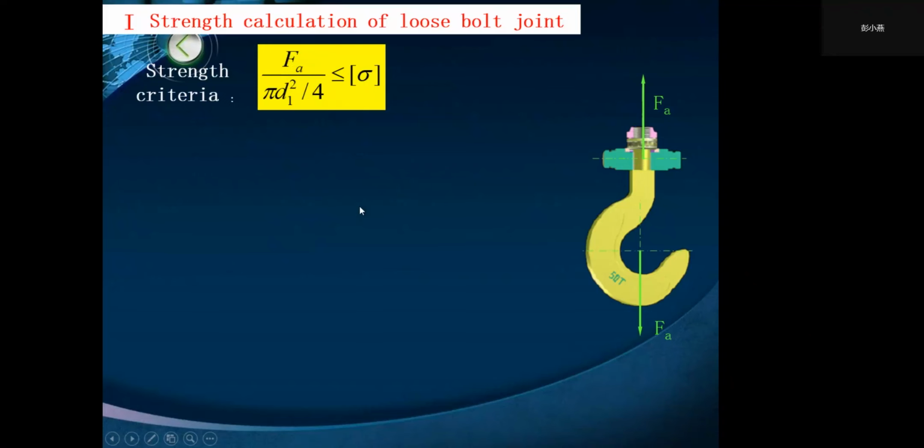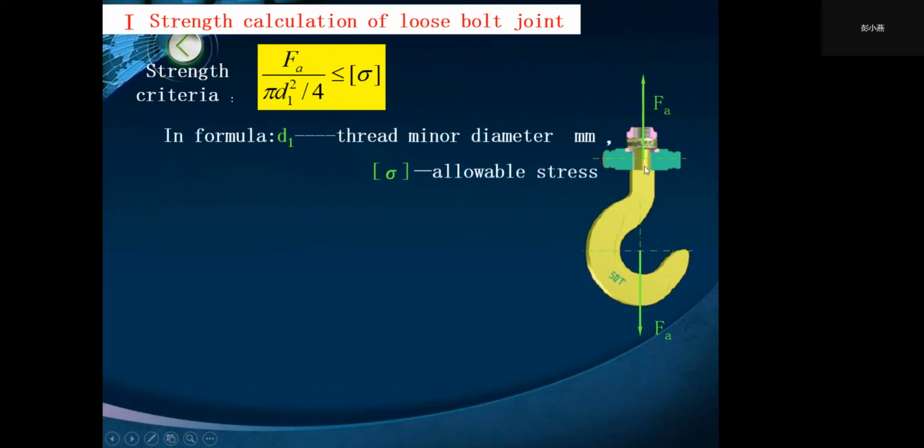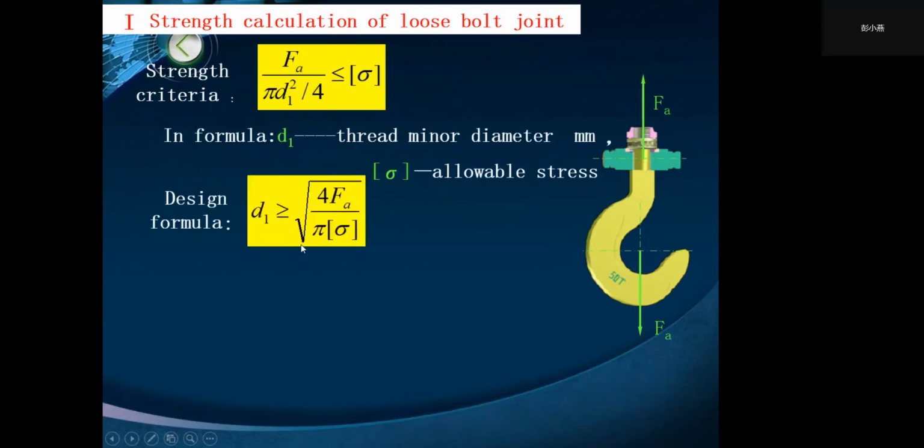So when we design the bolt, we have this: the minor diameter should be larger than the square root of 4 times Fa divided by pi times the allowable stress.